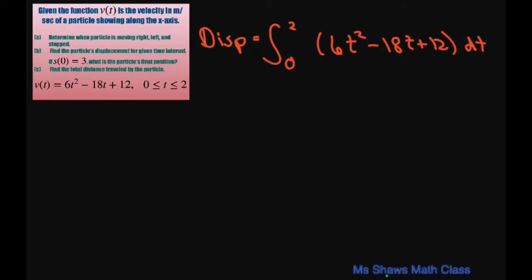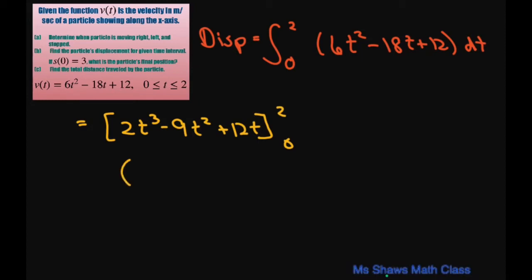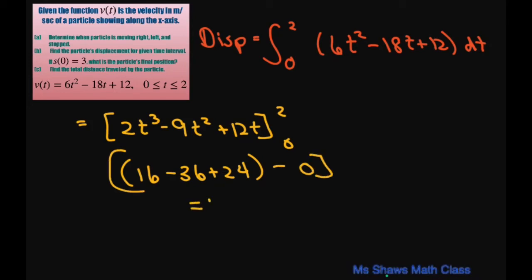So this gives us 2t cubed minus 9t squared plus 12t. And we're evaluating this from 0 to 2. This is going to give you 16 minus 36 plus 24, and then we have minus 0. This is going to equal 4.